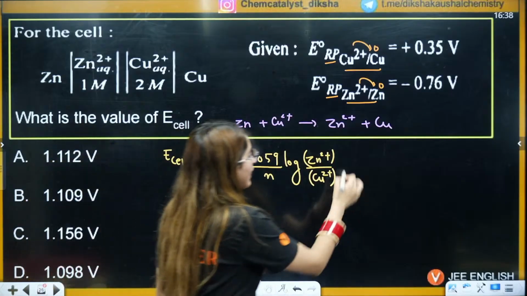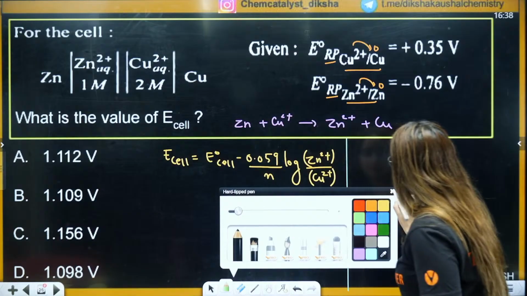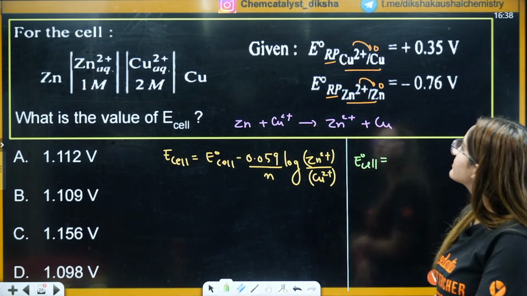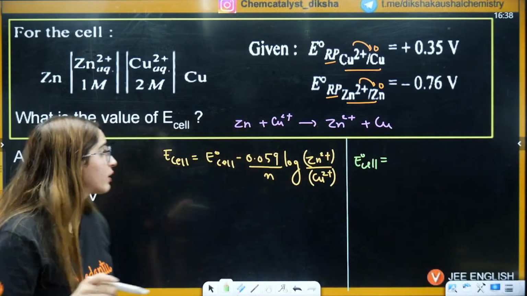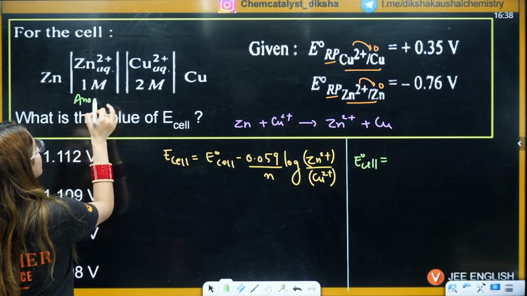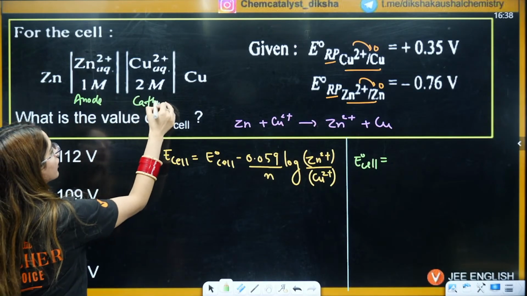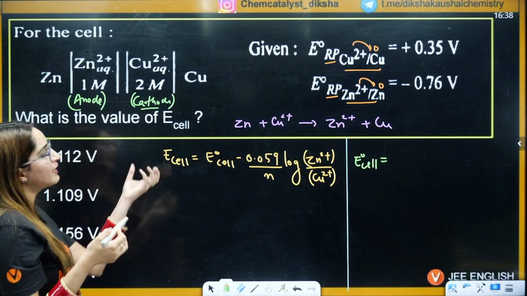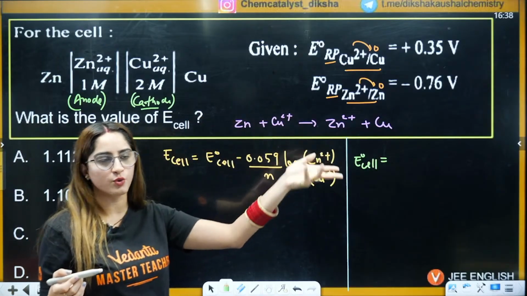Now what is the value of E naught cell? Anybody? E naught cell is equal to cathode minus anode. What is cathode? Always remember AC. So this is anode. Whenever you have cell representation, this side is anode, this side is cathode. Here you can see that at the anode side it is losing the electron, so Zn is losing the electron, that's why it is anode, right?